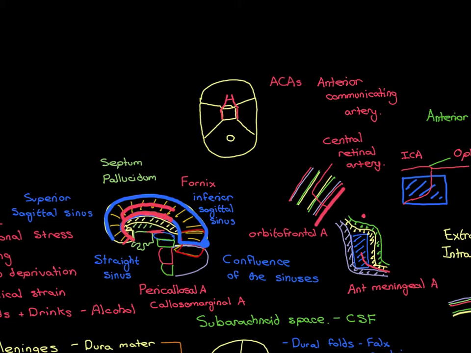Now, this is going to form part of a structure that we're going to overall, by the end of this video, understand. We'll have a complete picture of it. And this structure is called the circle of Willis. So there is actually a complete circle of arteries in the brain called the circle of Willis. And these are all extra-axial brain arteries that form this circle of Willis.